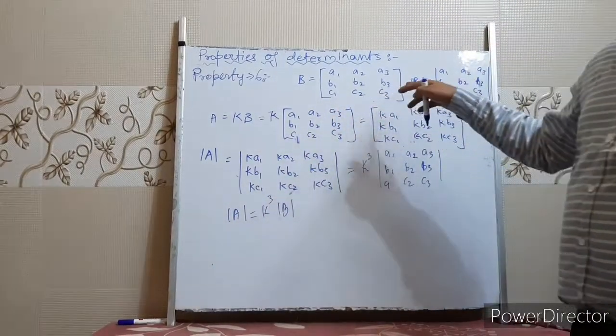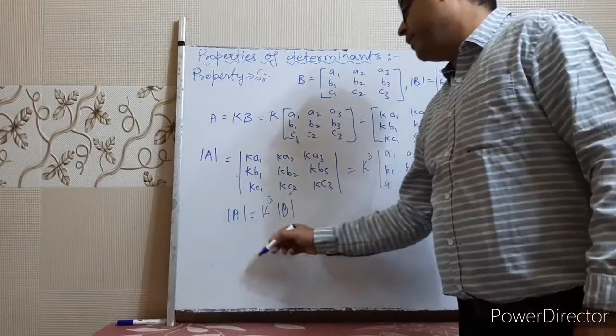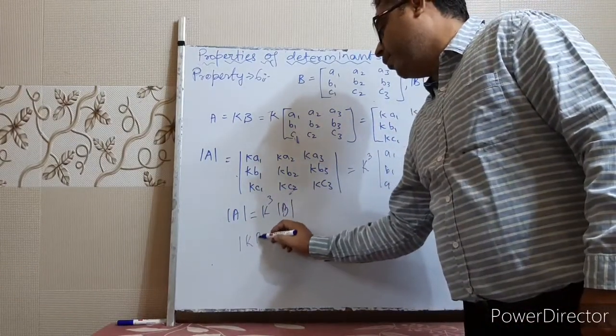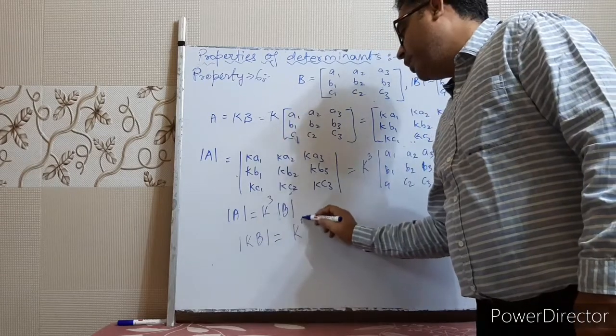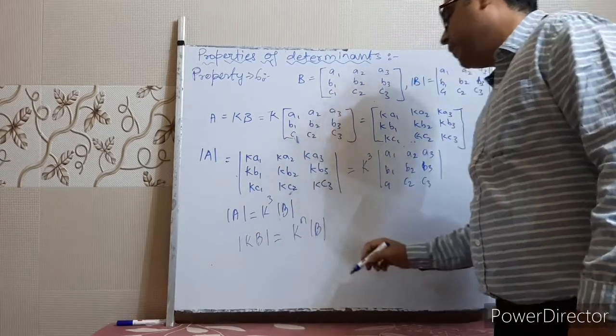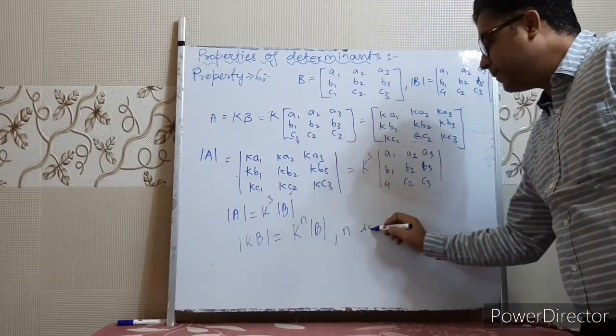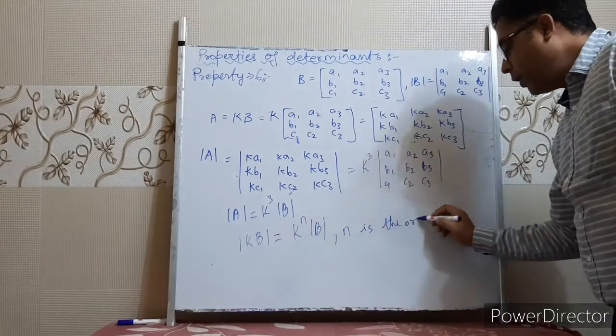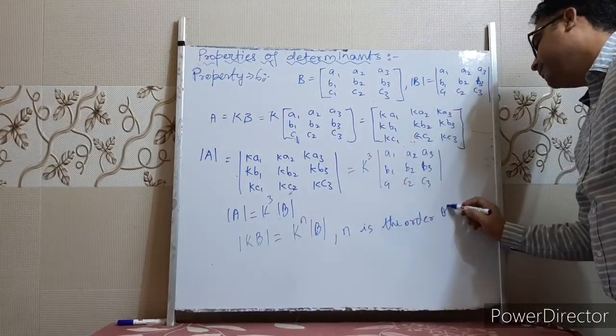If we have taken an n order matrix, it will be K to the power n. So we can say that determinant of KB will be K to the power n into determinant of B, where n is the order of the determinant.